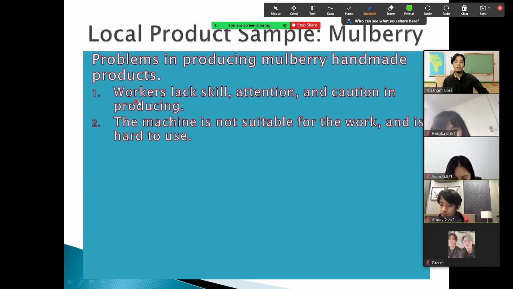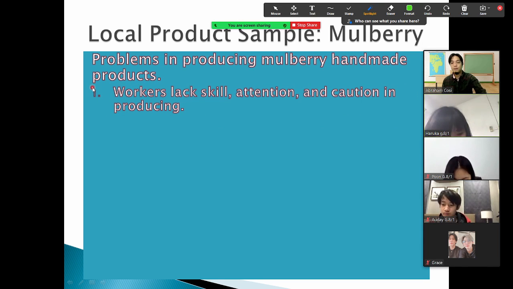For the first one, we have a problem in the production factor, which is what, Haruka? What is the production factor that is involved in the first problem? Mulberry handmade products.